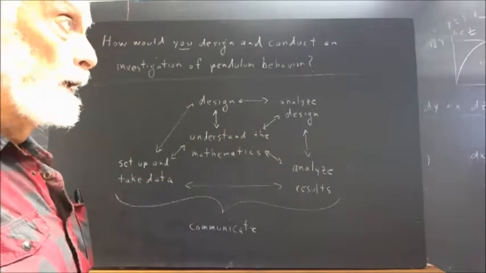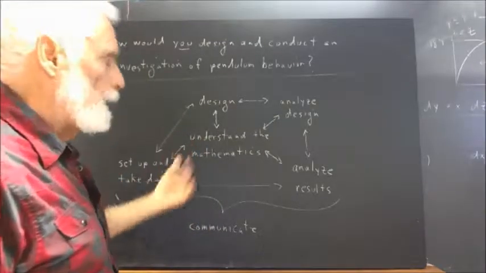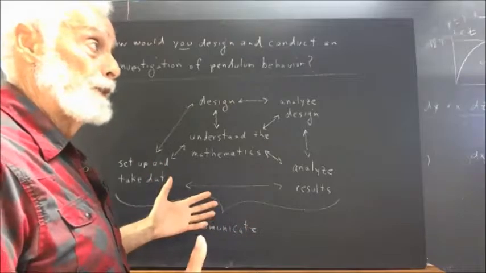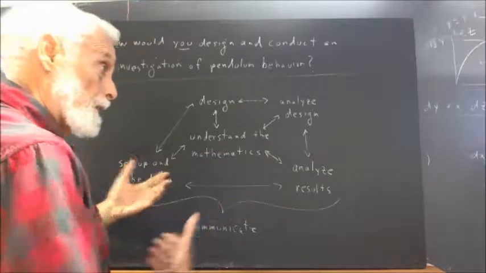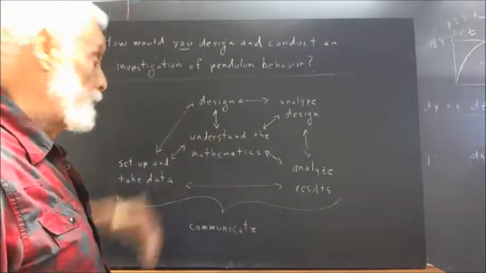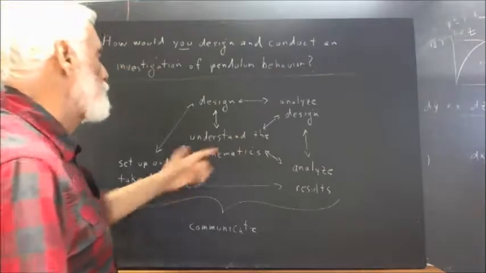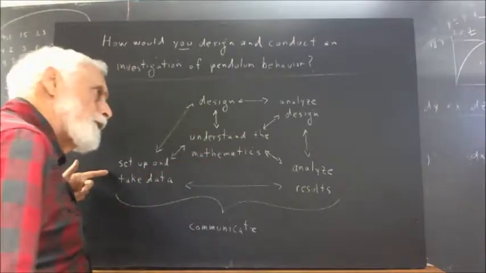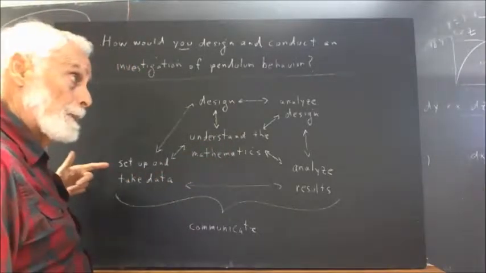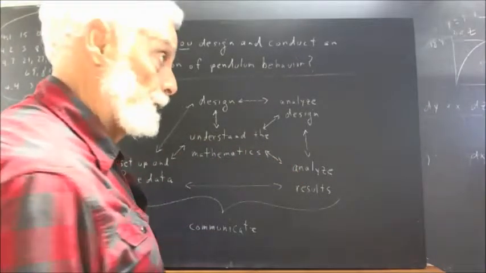I went through several steps in analyzing these results. I'd get a result, I would look at it, I'd ask myself questions. Even though I understand the mathematics and it's relatively simple and I know a whole lot more than I was using, I wanted to think about how what I know relates to the data that I'm taking, to my setup, and to what I'm going to do in the end in analyzing the results.